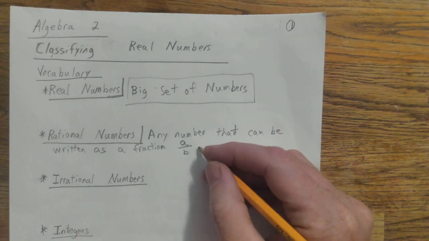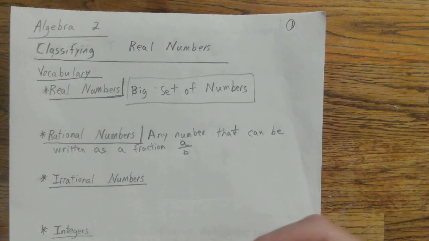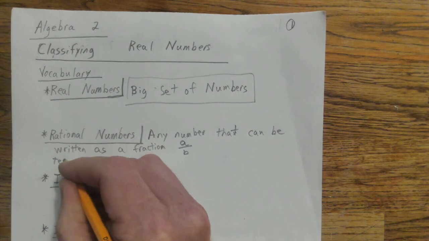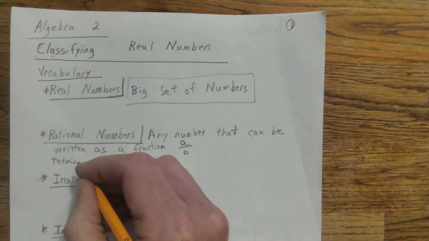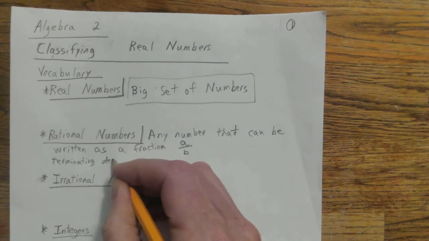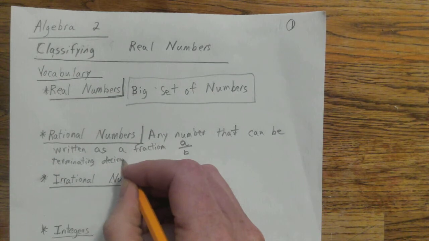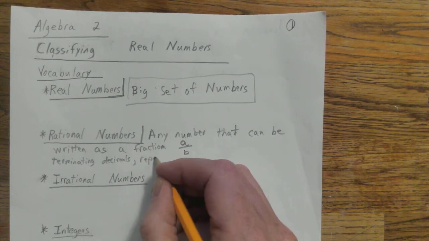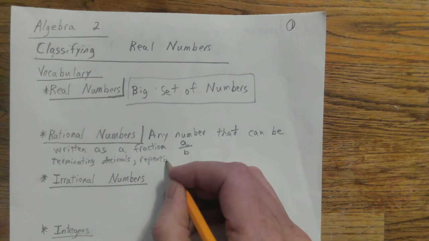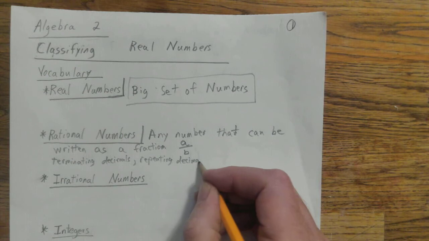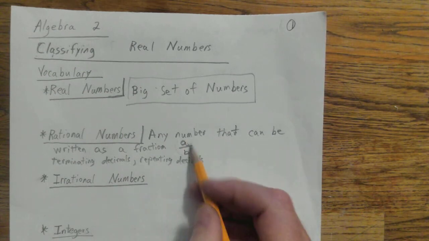But if I think about all the numbers, it would be all terminating decimals. Actually, all repeating decimals. If it's a repeating decimal, we can figure out a way to write a fraction.